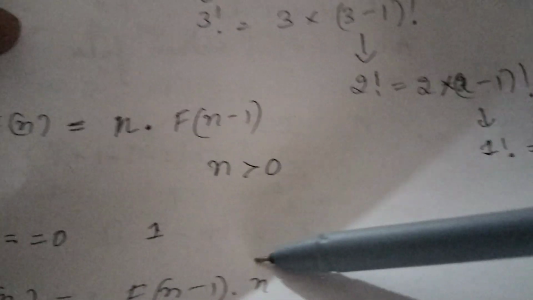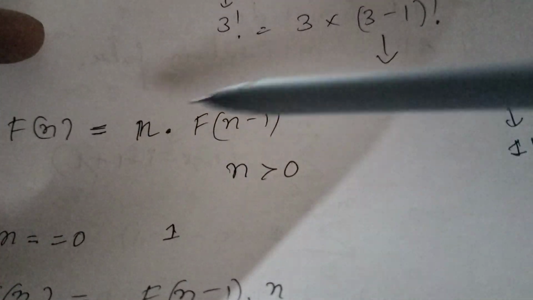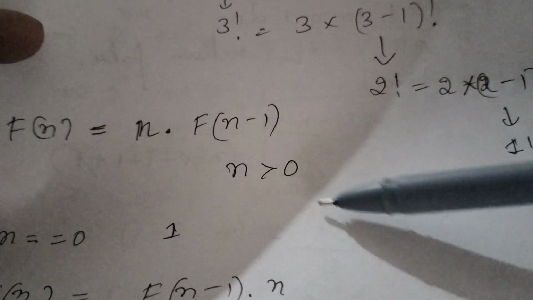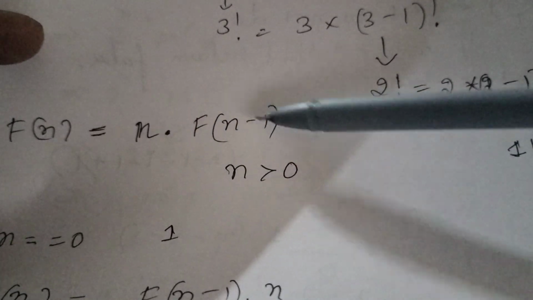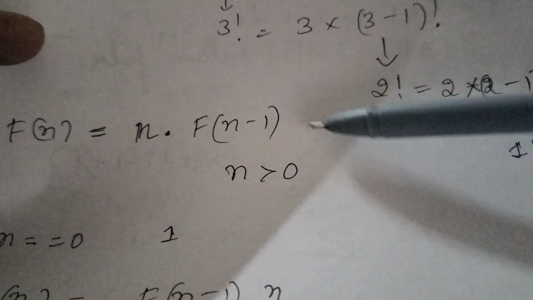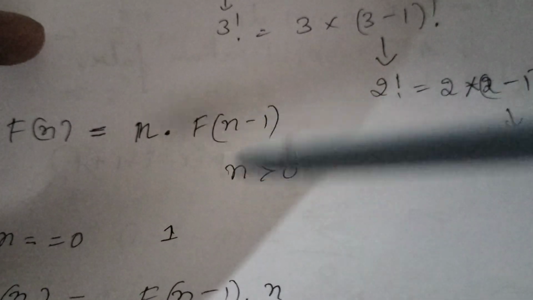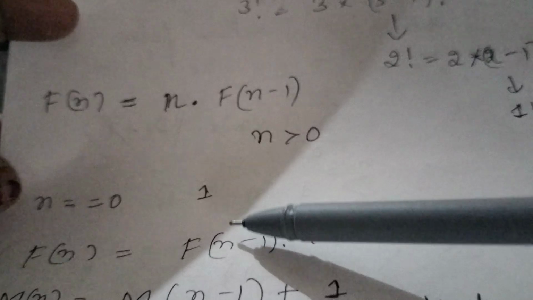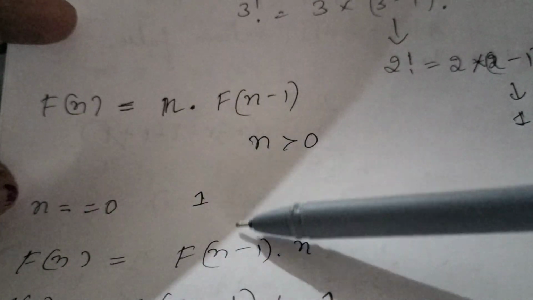Like this we can write in general. So 4 into (4 minus 1) factorial can be written as n into f of n minus 1. The n value should be greater than 0, then only can we perform this condition. So when n is 4, when n is 3, when n is 1, we can perform this condition. When the n value reaches 0, then it should be equated to 1, which means that 0 factorial is equal to 1.